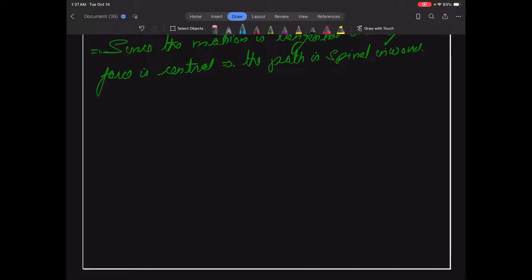So spiral inward basically means that suppose this is our initial position of the mass and this is a thread, we are pulling it. So it is going to make this circle and it is going to make a spiral, something like this. It will be moving in this direction because it has two motions.